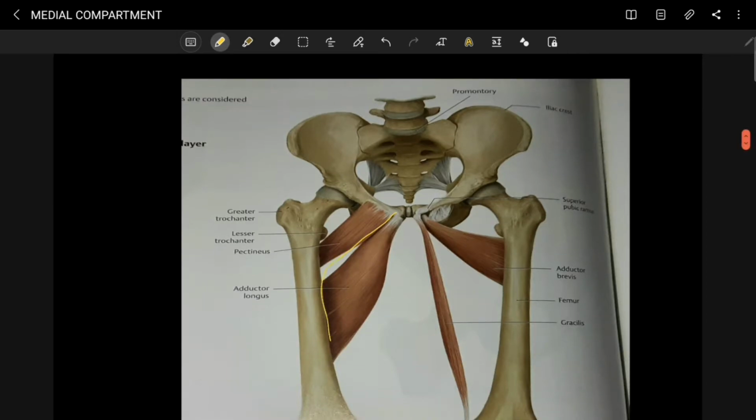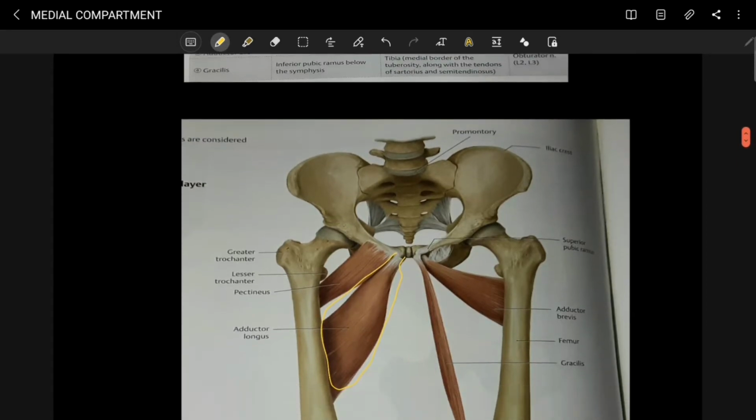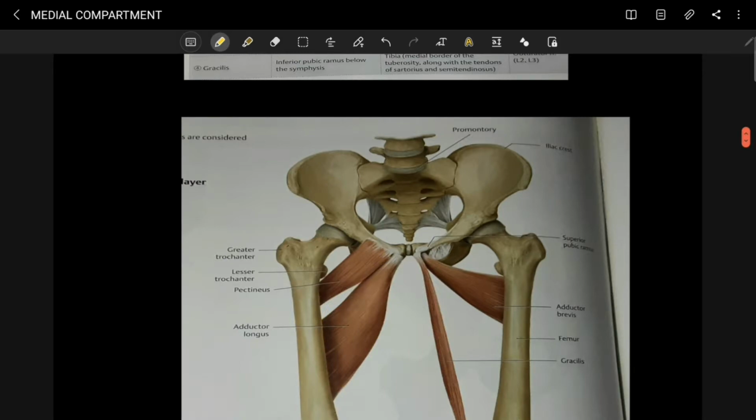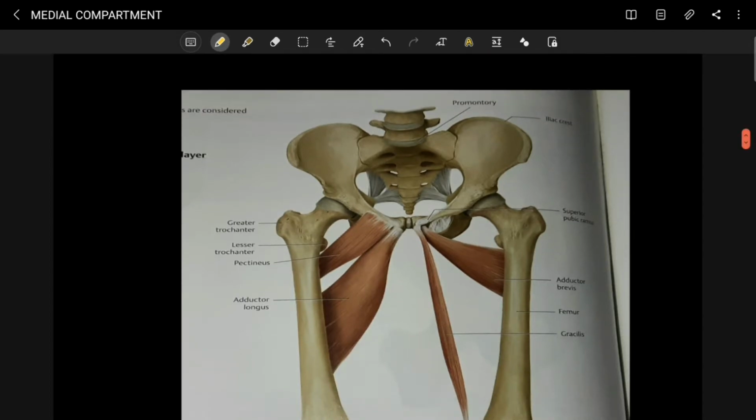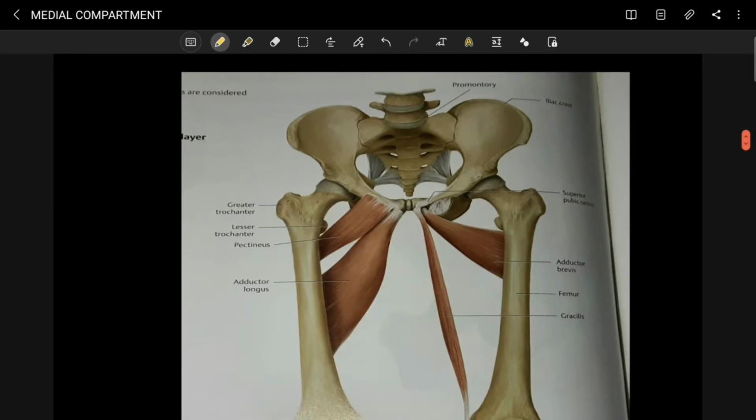It is not the largest muscle of the medial compartment; that goes to adductor magnus, but it's large and flat. It partially covers adductor brevis and adductor magnus, because this is a very superficial muscle. Beneath this muscle we have the adductor brevis and the adductor magnus.